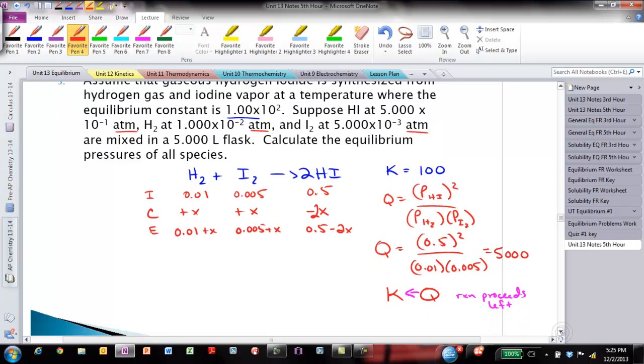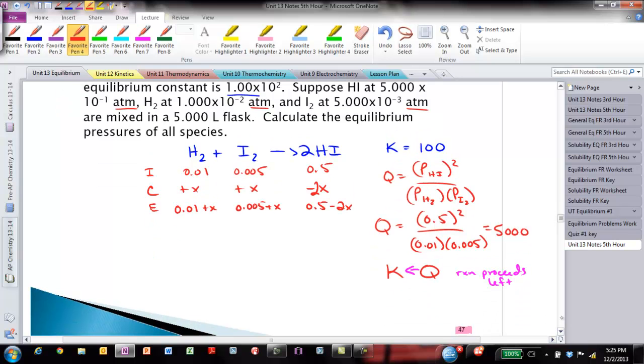Okay, so then I can plug these all into the K expression. So I have 0.5 minus 2x squared over 0.01 plus x and 0.005 plus x. And that's equal to 100.